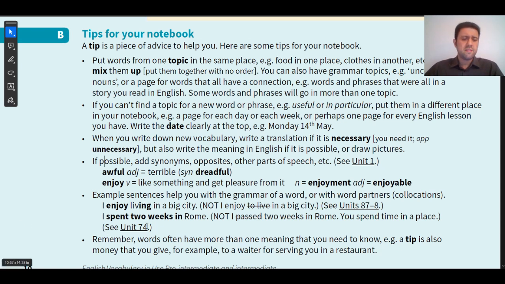I spent 2 weeks in Rome. So we don't say I passed 2 weeks in Rome. You spend time in a place. So you need to spend time to study this unit. You need to spend time to study a book, as an example.